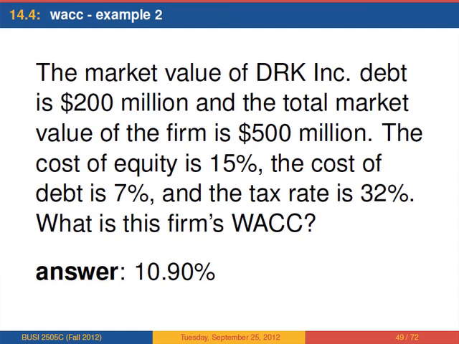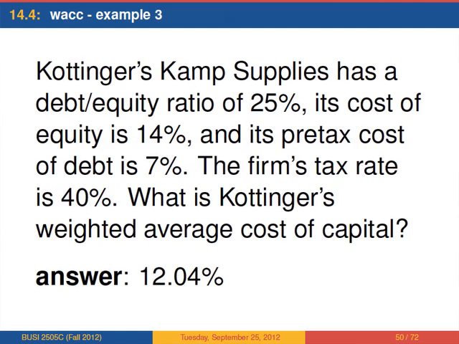I could give you the different market values and you figure out the weights. The reason the debt to equity ratio is used more commonly is that instead of giving you all the weights, you just give a single number, and that describes the capital structure. If you have a debt to equity of 0, that means you have no debt, so that's 100% equity, 0% debt. If you have a debt to equity of 1, you have one part debt for one part equity, meaning you're half debt, half equity.